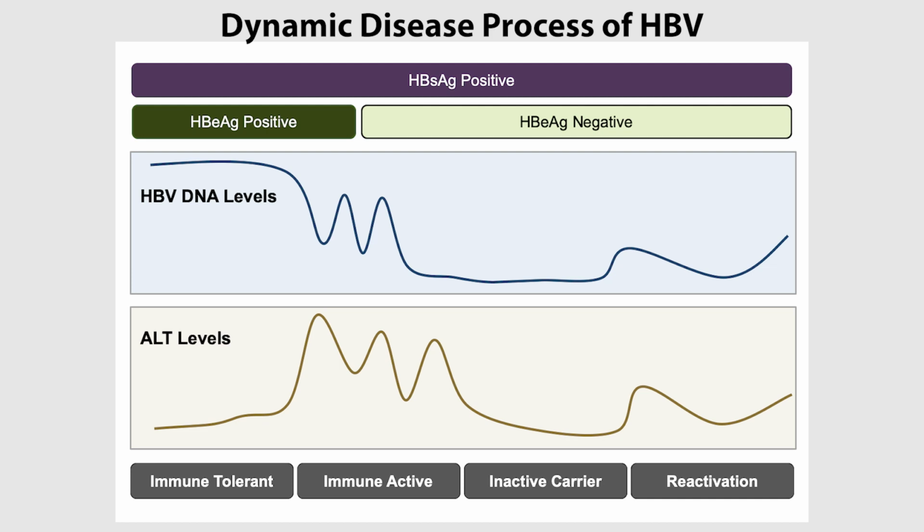As that happens, the inflammation may settle down, but over time there may be reactivation. This can cycle and happen through any dynamic process. Patients with chronic hepatitis B should be referred to and cared for by a specialist, either in infectious disease or in hepatology.